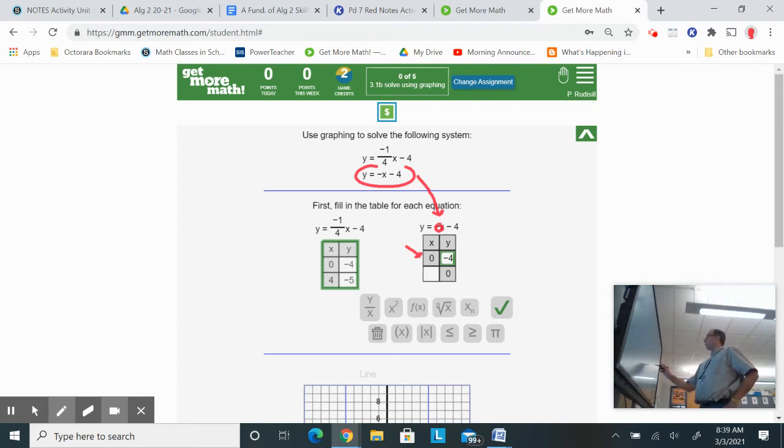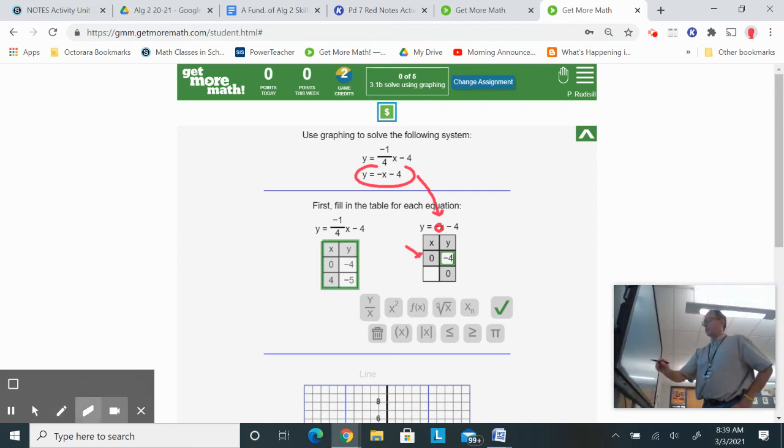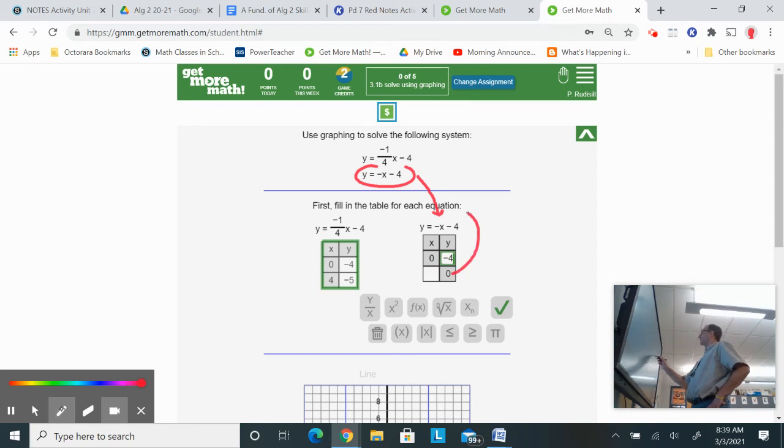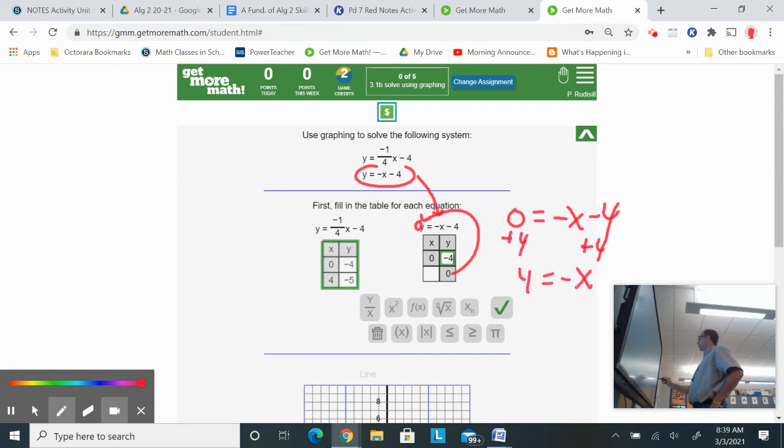Now I put in a 0 for the y, so I'm going to erase my work here. And I'm going to put in a 0 where the y is this time. So here's my equation. I'll write it off to the side. 0 is equal to the opposite of x minus 4. I'm going to add 4 to both sides. I get 4 equals the opposite of x. So this is like negative 1x, so I divide by negative 1.